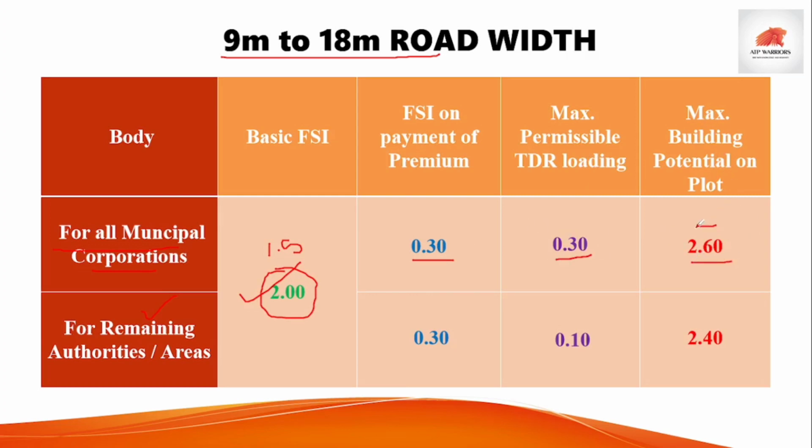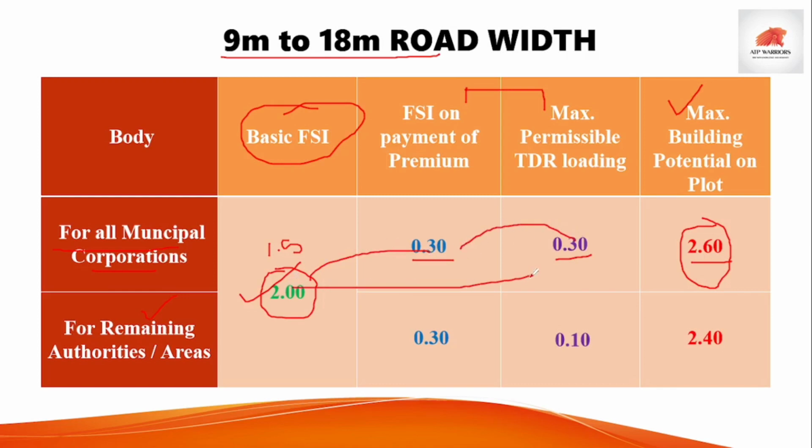So why 2.60 over here? Because the maximum building potential is the addition of these: 2, 0.30 and 0.30, that is 2.60. And the same for the remaining authorities.